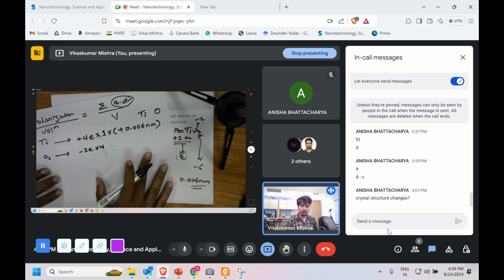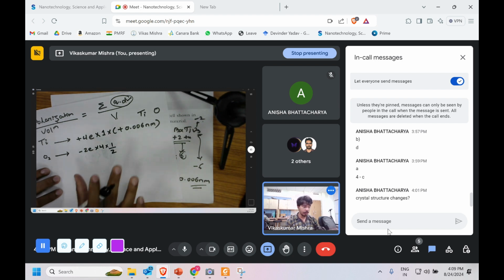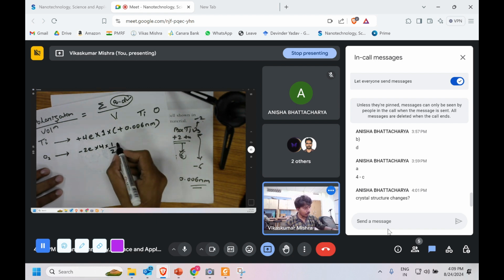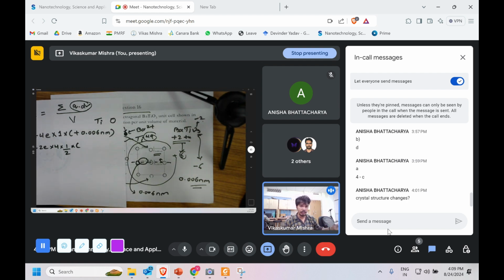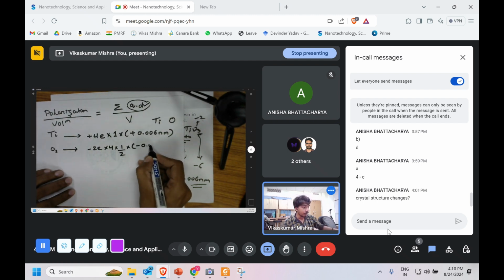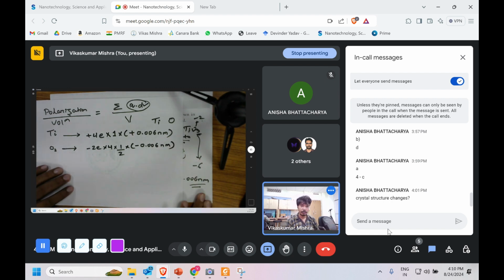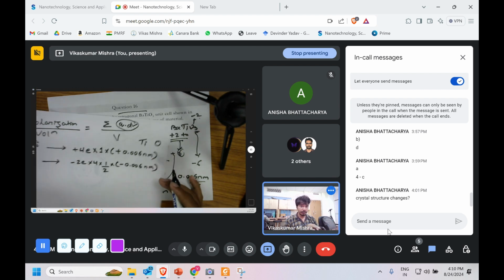But what is their contribution? The contribution is 1 by 2. They are displaced by the amount of 0.006 nanometer in the downward direction, so D will be minus 0.006 nanometer. This is for the parallel ones.